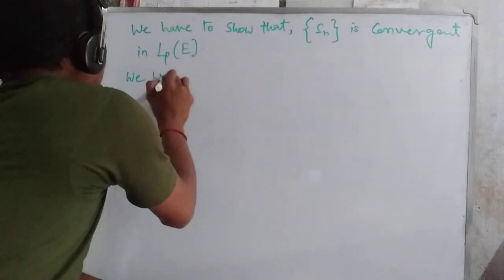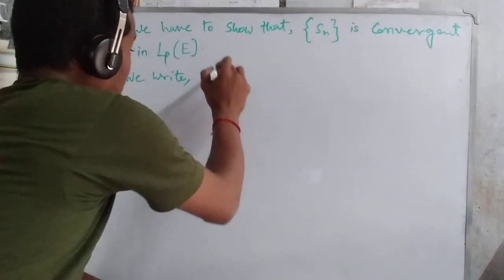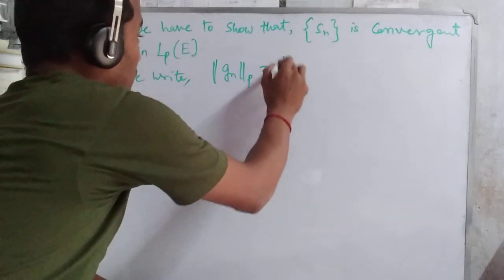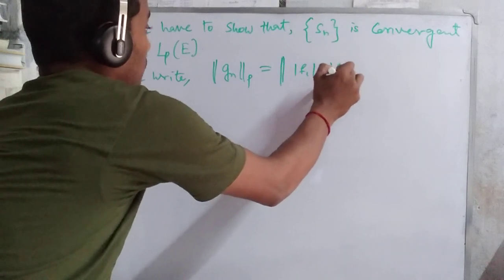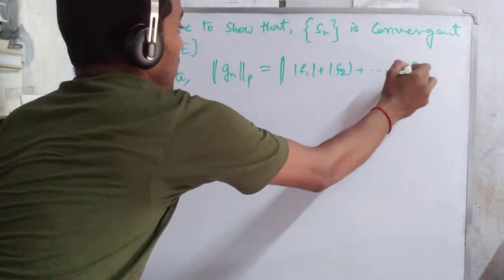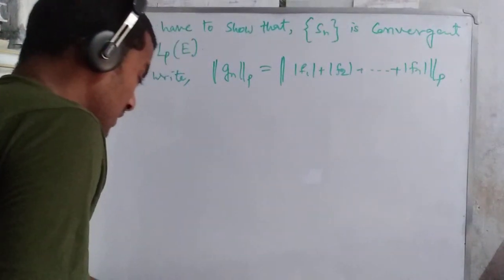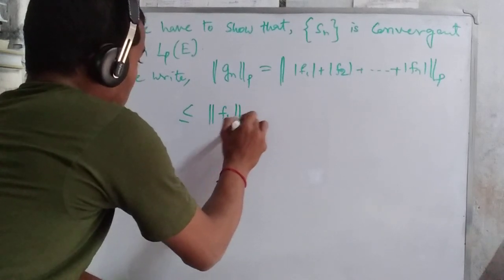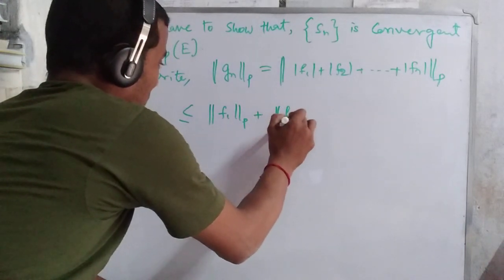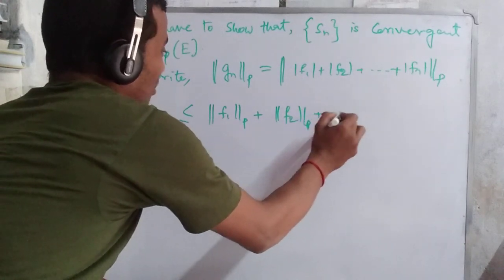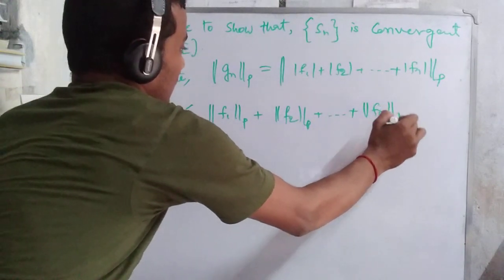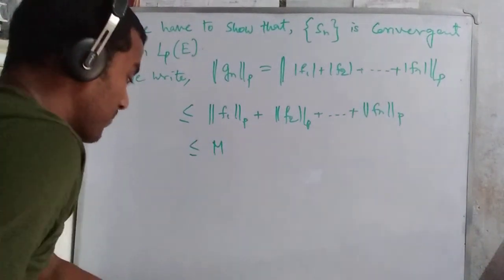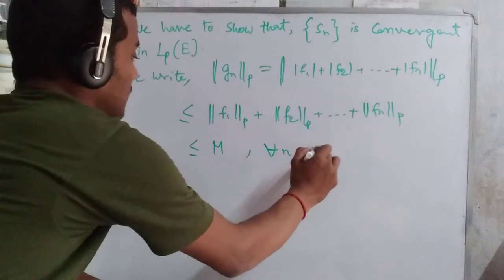We write the norm of g_n in p equal to the norm of mod f_1 plus mod f_2 plus dot dot dot plus mod f_n in p, which is less than or equal to norm f_1 in p plus norm f_2 in p plus dot dot dot plus norm f_n in p. This is less than or equal to M for all n belonging to the natural numbers.